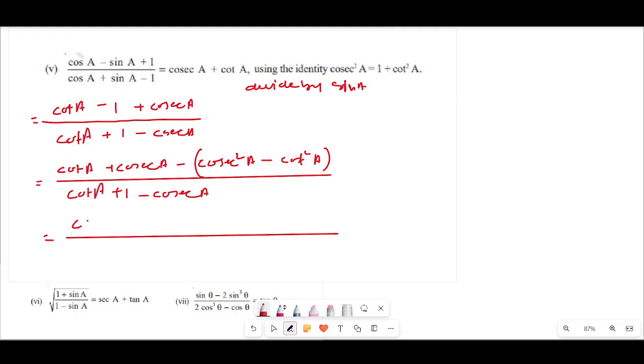Then we can write cosec a plus cot a minus cosec a plus cot a into cosec a minus cot a. Clear?